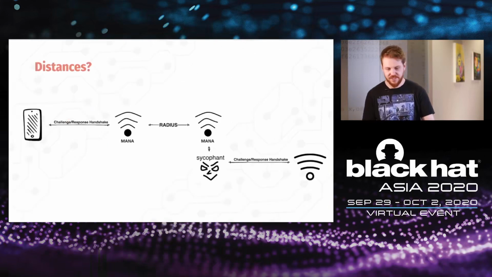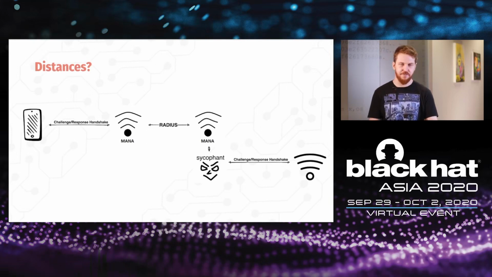So I discussed distances before, the reason I put things on a file system. But it turns out HostAPD, and by extension HostAPD Mana, has its own built-in Radius server. Now Radius allows you to do EAP things over the network, so that the thing that you're authenticating to doesn't necessarily have to do all the authenticating.